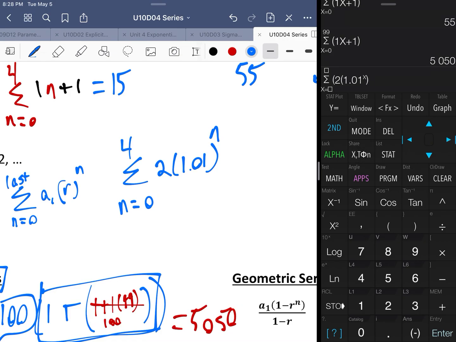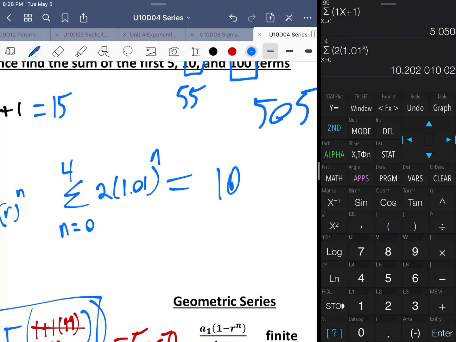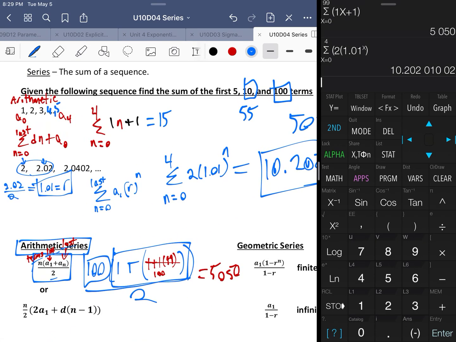I'm going to fill this in to say x equals 0, and I'm going to make this 4. So this is adding these first 5 terms. I get 10.202. So if I were to add up the first 5 numbers in this sequence, that is the sum I would get.